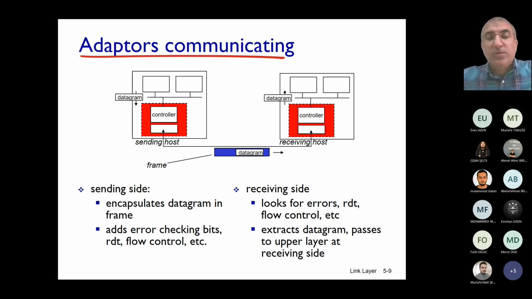Then from the controller to the physical layer, we transmit this over the link, wired or wireless. At the receiving host, we receive this frame, remove the header and trailer, and then pass the datagram to the upper layer at the CPU side.